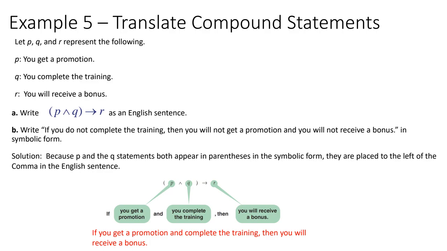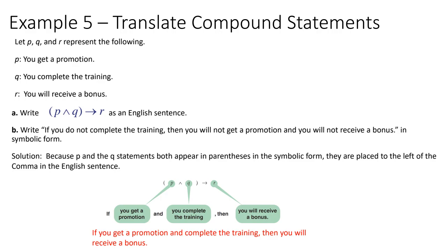Starting with the P, its meaning is you get a promotion. Now, remember that the arrow to the right is a conditional, so you can start by saying if you get a promotion and, because we have the and symbol, you complete the training, then comma, which symbolizes that the parenthesis ended, the grouping ended, then you will receive a bonus.